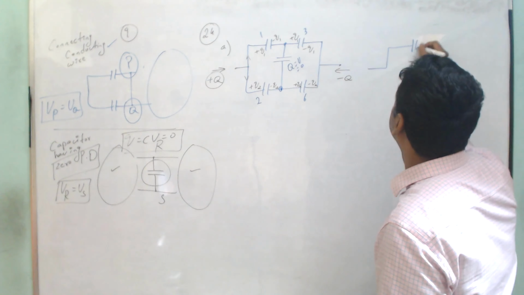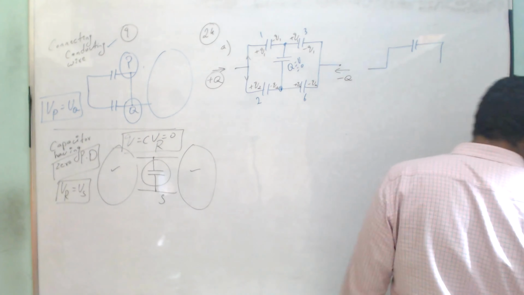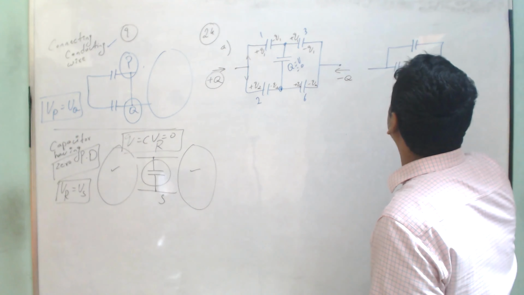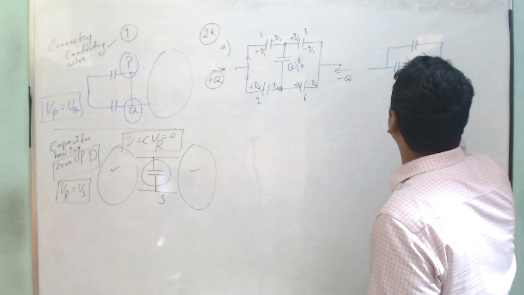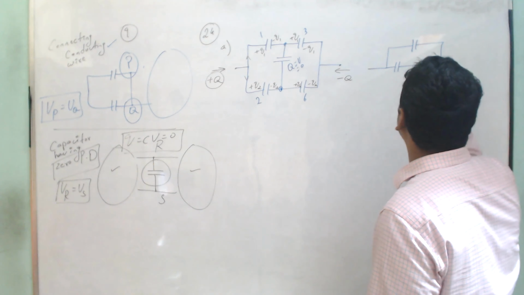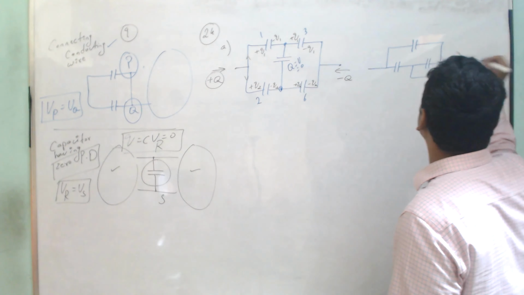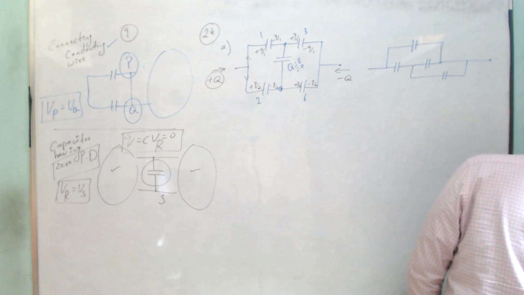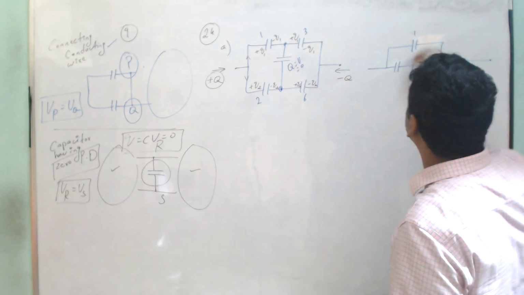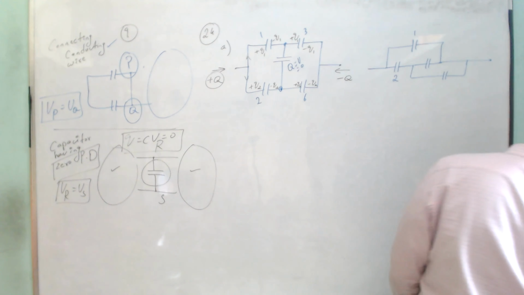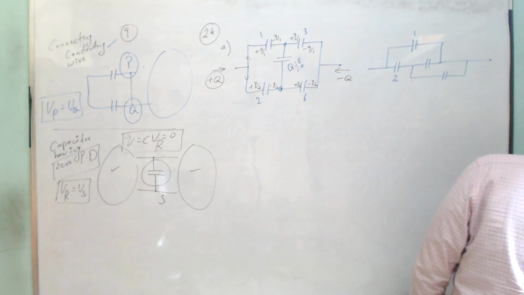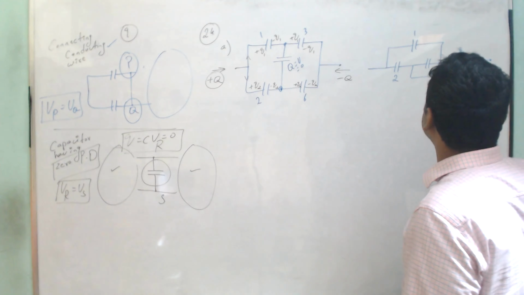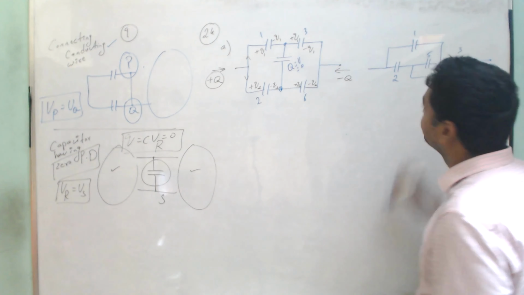One fellow and one fellow here, and another fellow here. One fellow from here goes and connects over here. Now what do we have? We have 1 and 2 here, 1, 2 here, and we have 3 and 6 over here, the capacitor here. 3 and 6 over here, and the middle fellow is 5.